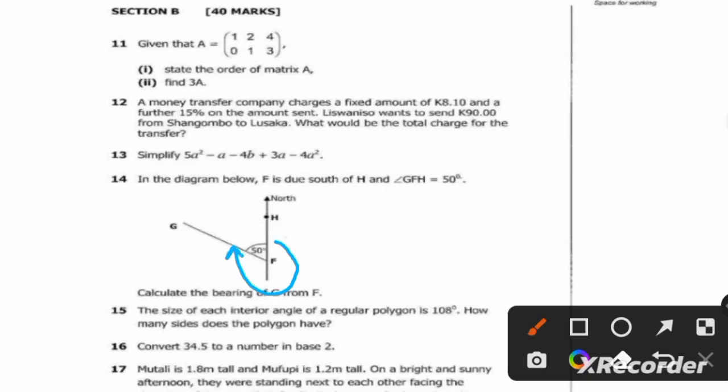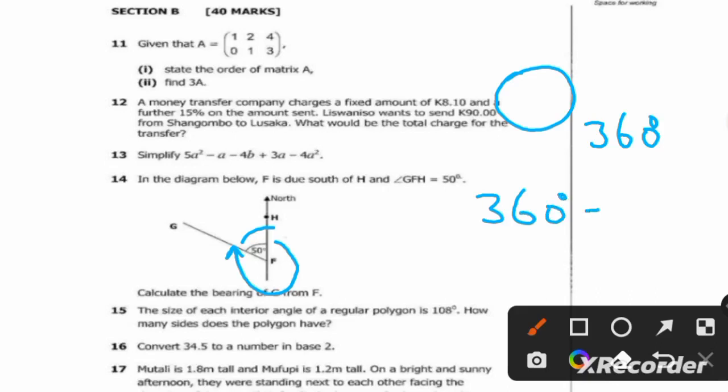We know that a complete circle adds up to 360 degrees, and we have seen that the circle is almost complete. We know that here there is 50 degrees, so we are just going to say 360 degrees minus 50 degrees.